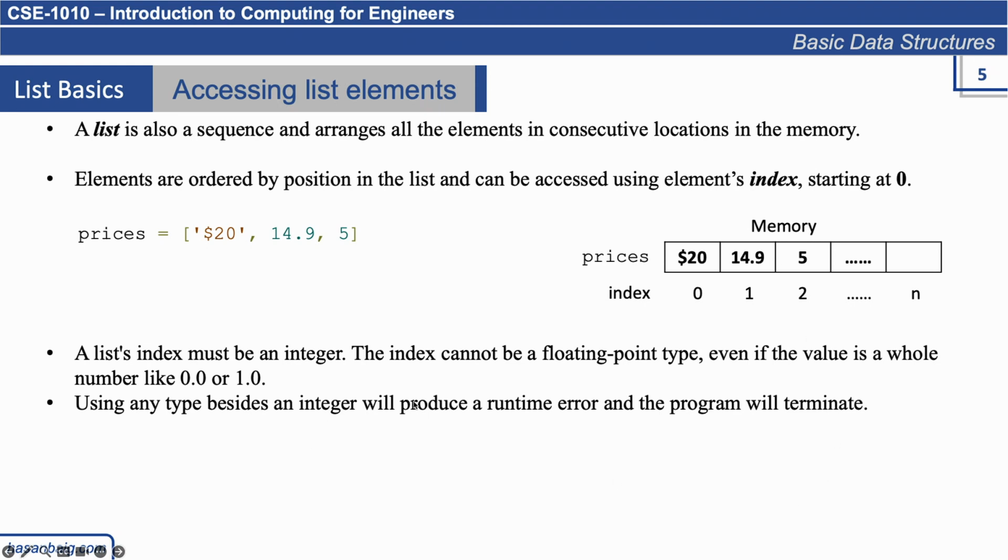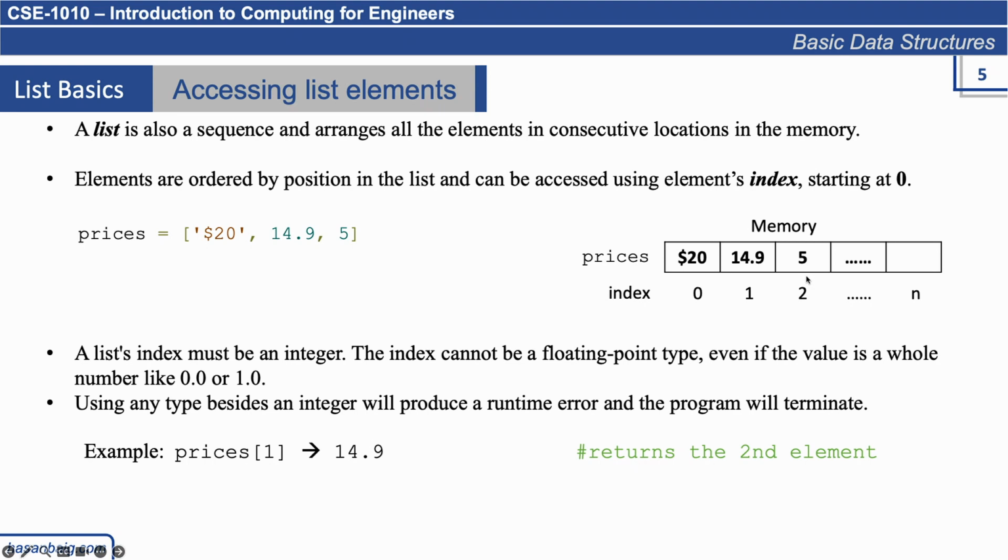So for example here, prices is the name of the list, the name of the data structure, and 1 is what I am specifying as an index. It will go to the memory, read the data stored at index 1, and return that value, which is 14.9 here. When I say access the value stored at index 2, I'm asking to retrieve the value stored at index 2, and it will return the value 5.